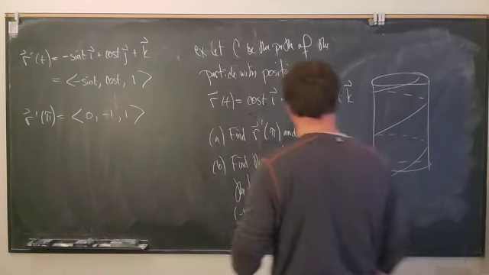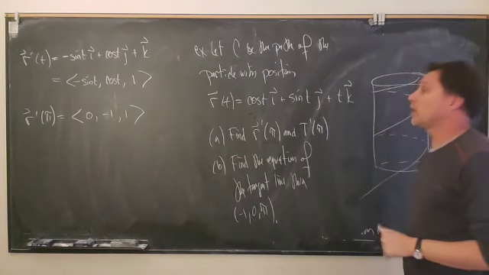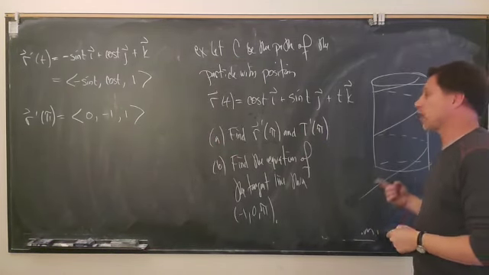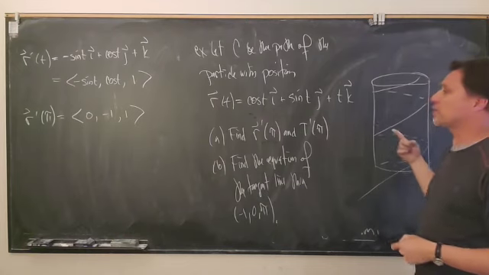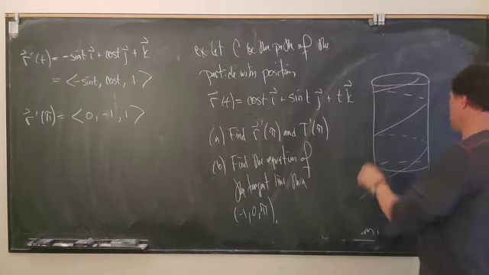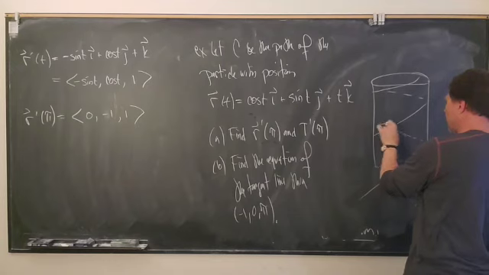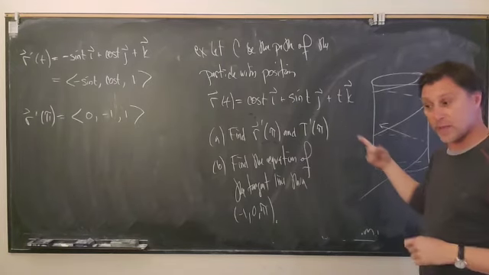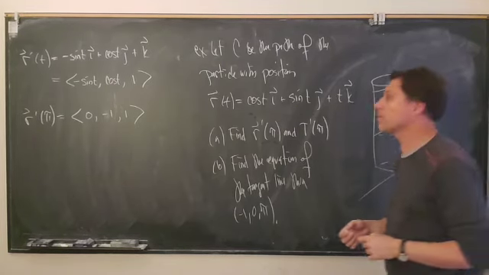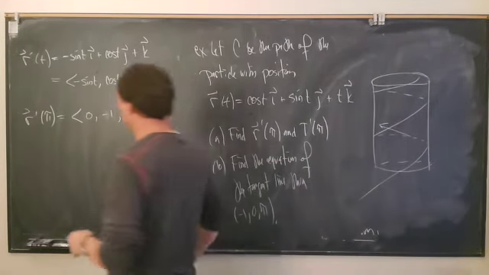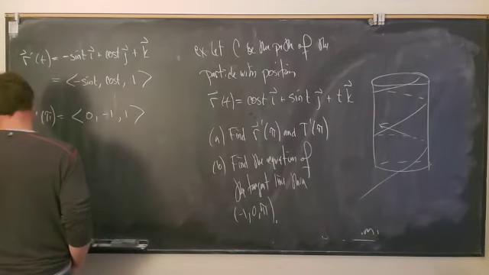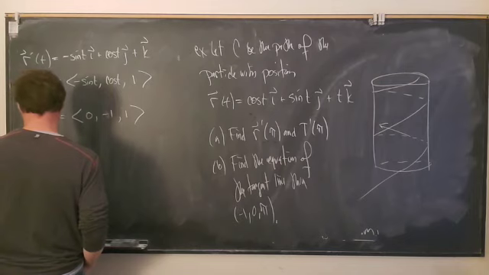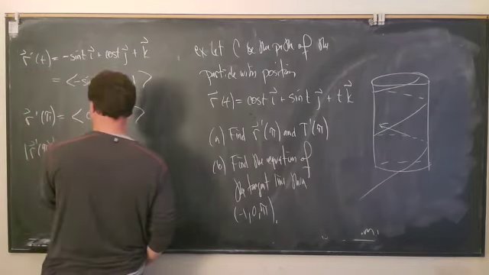So what is that saying? There's no contribution in the x direction, but the y direction is a minus 1 and the z direction is a 1. So what we get is a tangent vector that's pointing in that direction, exactly what we expected. The magnitude of r prime of pi is going to be square root of 2.